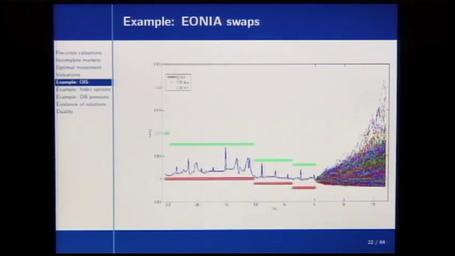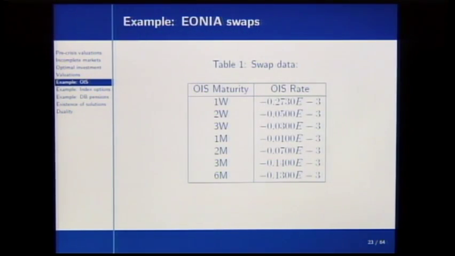In our model, we modeled the spread of the overnight index to the European Central Bank deposit rate with a simple Black-Karasinski model. So it's like a shifted Black-Karasinski, shifted by the European Central Bank deposit rate. You could have better models, it's just an example. And here's the swap data.